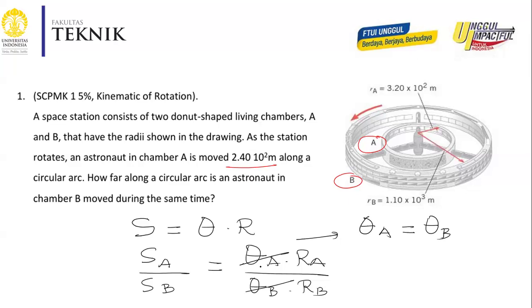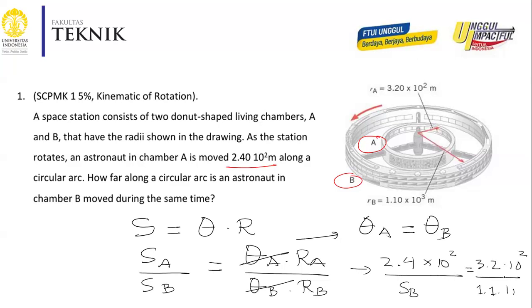So this one we can say that A moved 2.4 times 10 power 2. And then the distance of B is equal to the radius of A, 3.2 times 10 power 2, divided by 1.1 times 10 power 3.